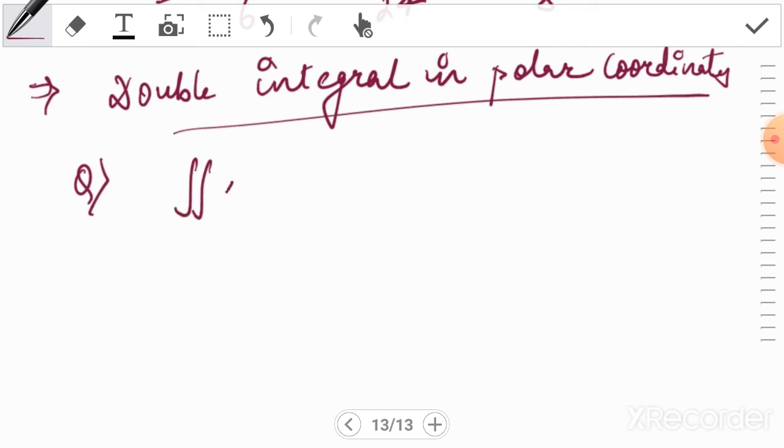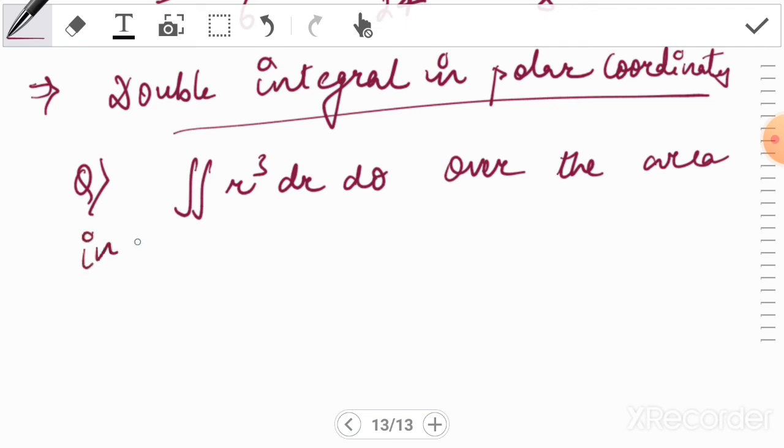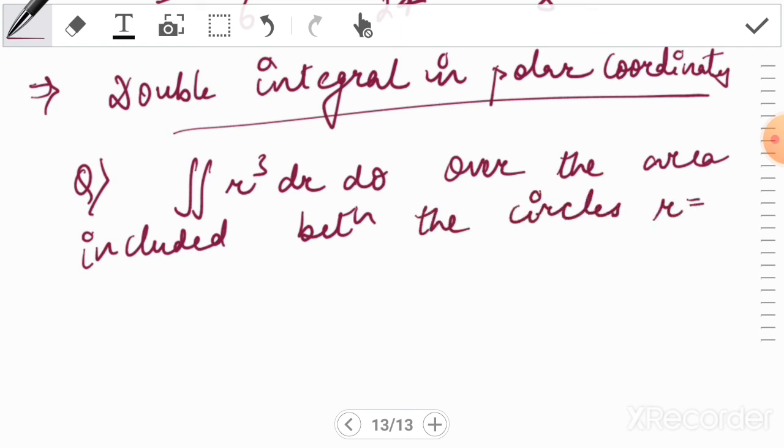Calculate the double integral of r cube dr d theta over the area included between the circles r is equal to 2 sin theta and r is equal to 4 sin theta.